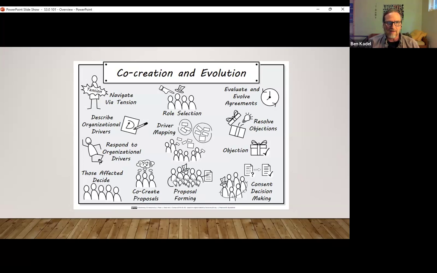The main thing I want to leave you with about sociocracy is that it is fundamentally about treating everything as a series of experiments, leaning into the tension, leaning into the drivers, and setting up your experiments in a way that you're learning as quickly as you can. Everything else is really just details.